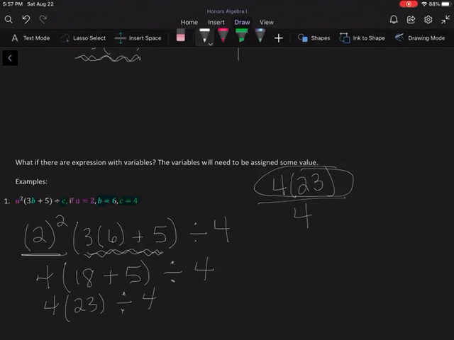But if we see that the 4 and 4 are there, we can cancel them out and just be left with 23. But if I were to go about doing it this way, 4 times 23 is 92, and 92 divided by 4 is equal to 23. So you see, we can kind of go both ways with that. And that's why in the previous problem we did, we have to evaluate the top and bottom first, then divide, right?